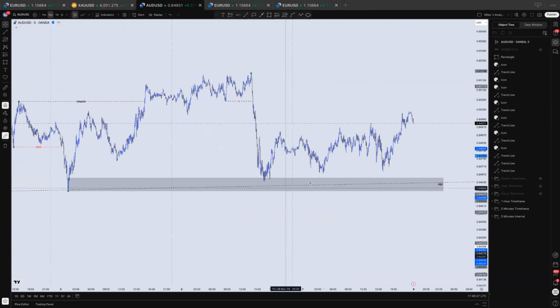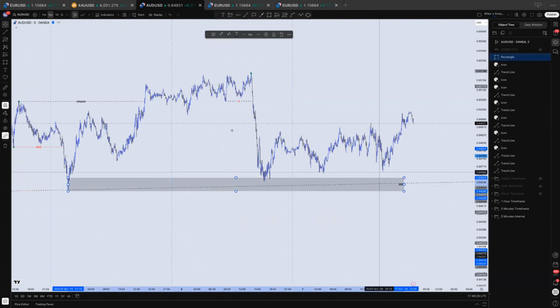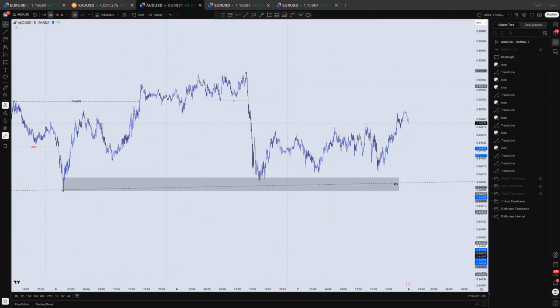So as this point of interest is already mitigated and there's a change of character, it's likely that we're going to see price making a bullish continuation to give us another breaker structure here. But since I'm expecting a bearish move on the 1 hour time frame, it's possible that price is not going to create a breaker structure, but it's going to mitigate this order flow where there was a build up which caused this very huge drop.